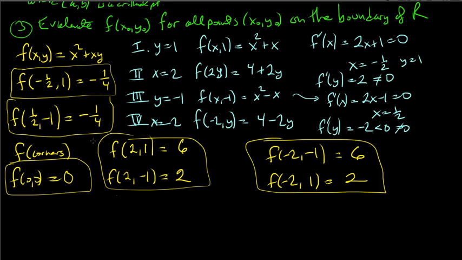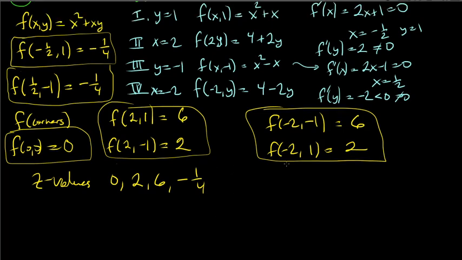And so what we have is a bunch of z-values. What are the z-values we have? Well, we have 0, right? So the z-values here. We have 0, we have a 2, we have a 6, and we also have negative 1/4. So out of all these values, the biggest will be the maximum, the smallest will be the minimum.